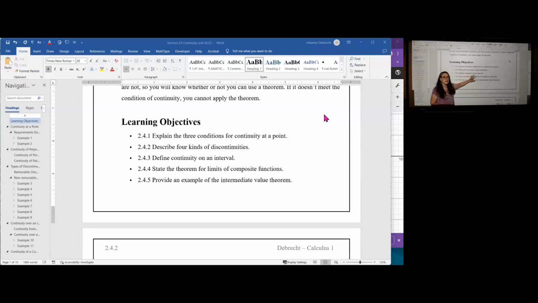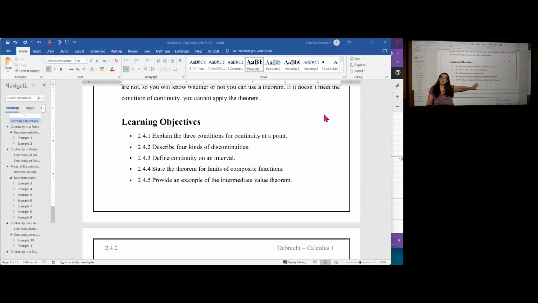We're going to then define continuity on an interval and state a theorem for limits of composite functions. In other words, functions that have been composed with other functions. We use composition all the time in calculus and other subjects in mathematics. We need to know what it means for continuity with a composite function.